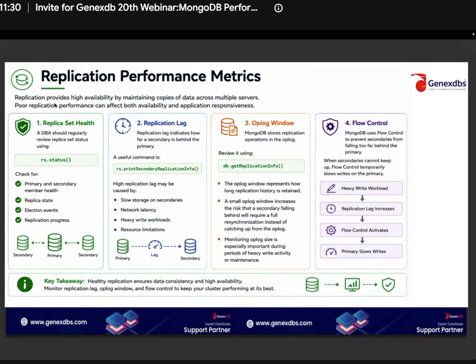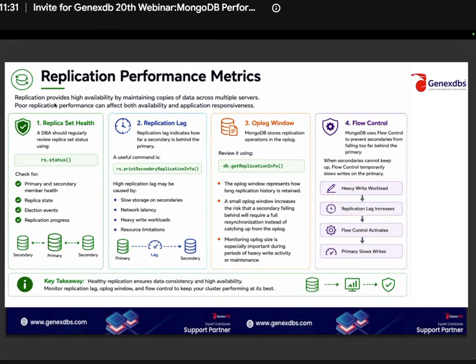And then oplog window. MongoDB stores the replication operations in the oplog. The important command to view this oplog information is db.getReplicationInfo. By this command, we can view the oplog information, like oplog size and log size. The oplog window represents how long the replication history is retained.